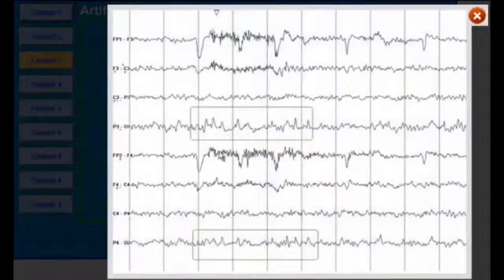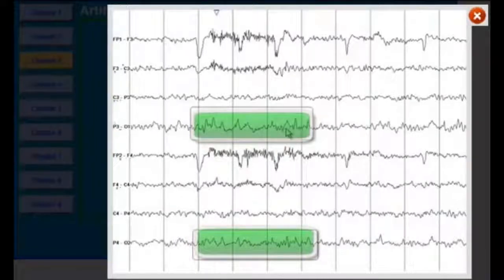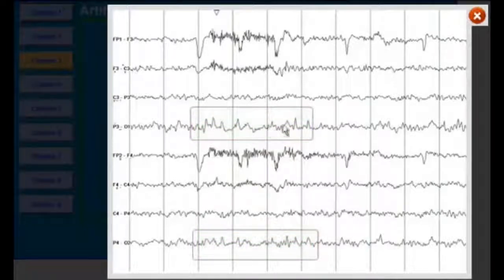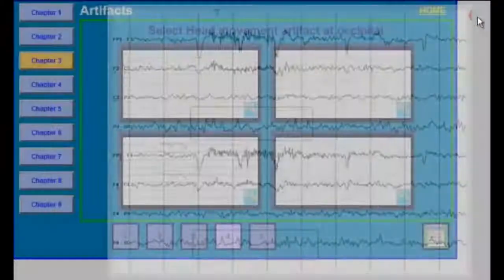What you see here is eye blink artifacts, which we had just discussed in the first slide, and here you have these sharply contoured waveforms. These are called lambda waves. So lambda waves are seen in the occipital head region in response to scanning movement of the eye. These are considered normal and do not have any relationship to epilepsy.